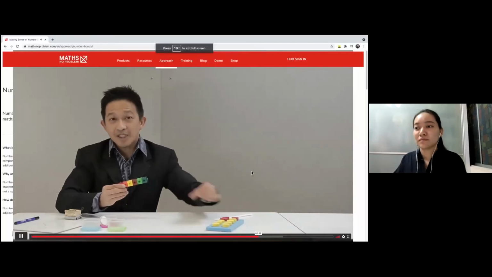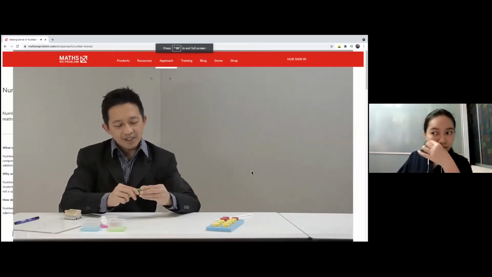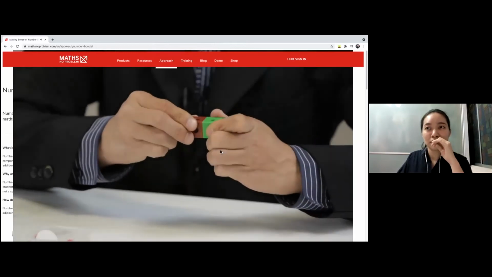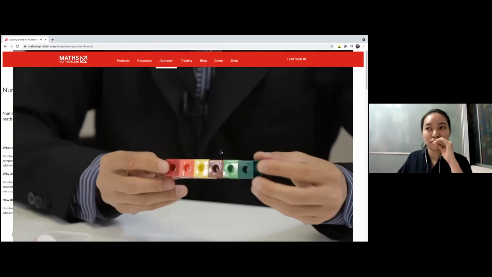Number bonds is about how a number is broken up into its component parts, and which component parts combine to give us the total. Other materials we can use could be unifix cubes. They are just cubes that can be joined to form a stick like this.